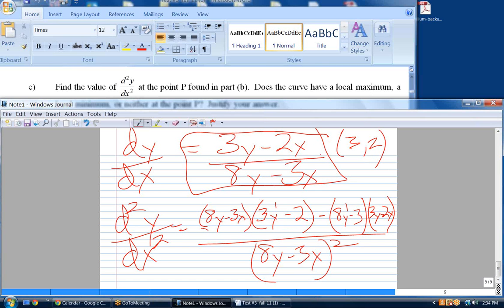We get 6 minus 6. That number is 0. y prime is 0 at that point. We knew that because the tangent was horizontal. So all of these terms go to 0.